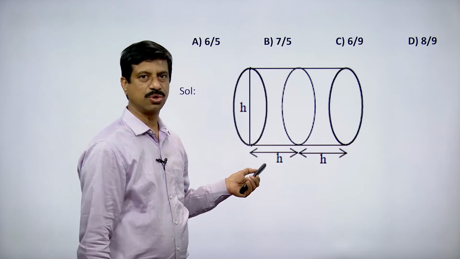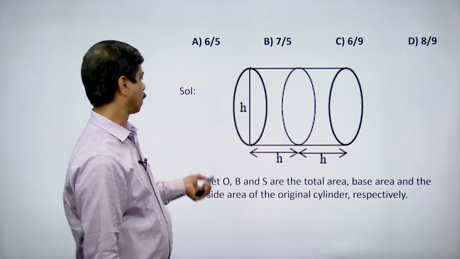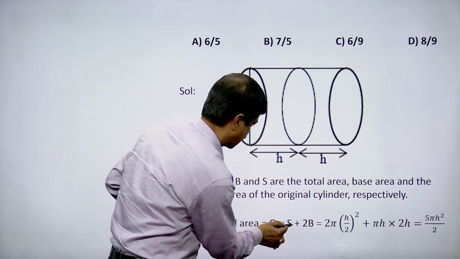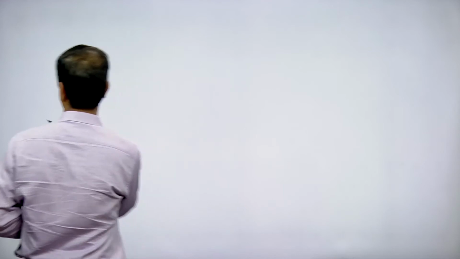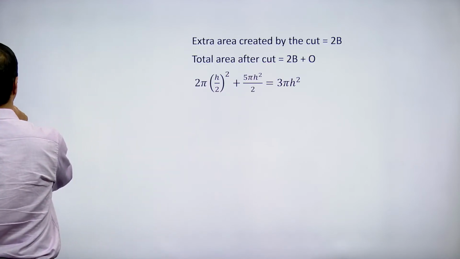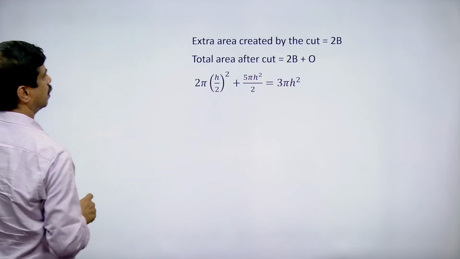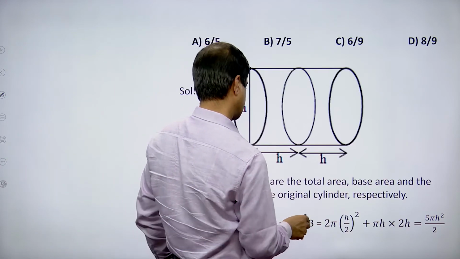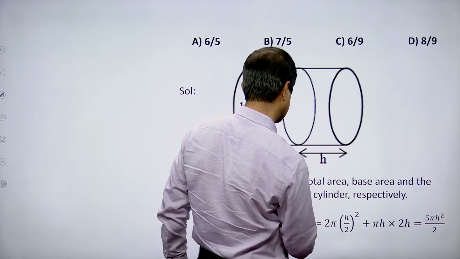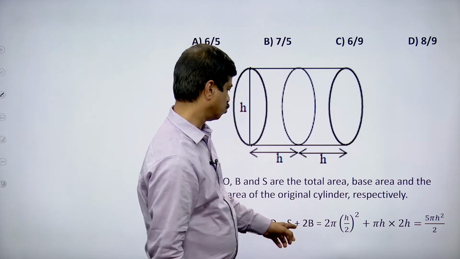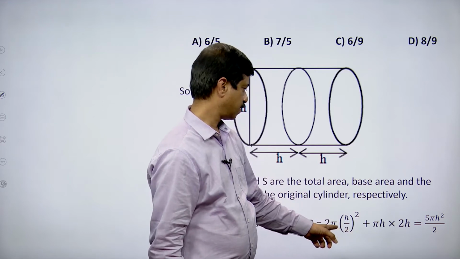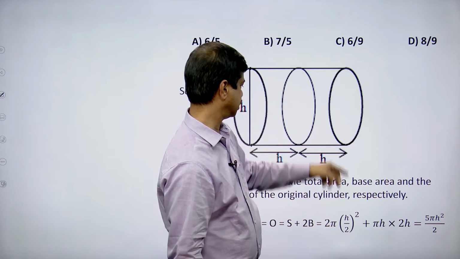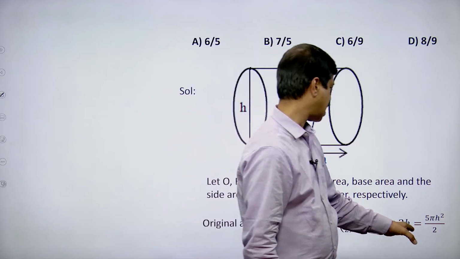So, what is the total surface area of any of these? It is lateral surface area plus 2 bases. So this is 2 pi r square, the area of each surface, plus 2 pi r h.